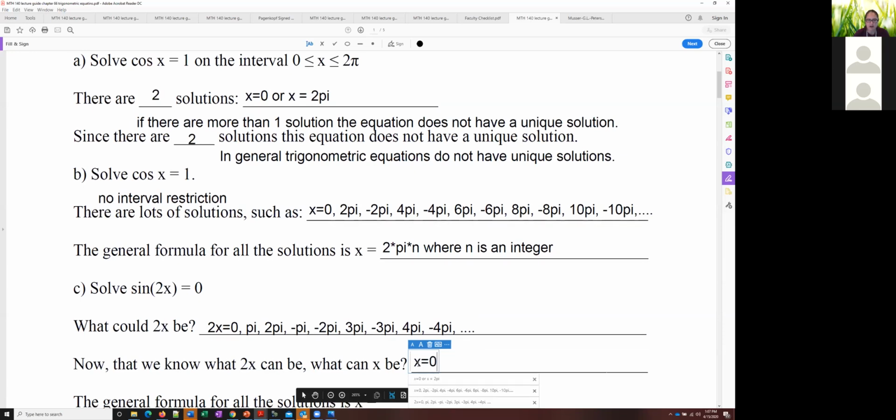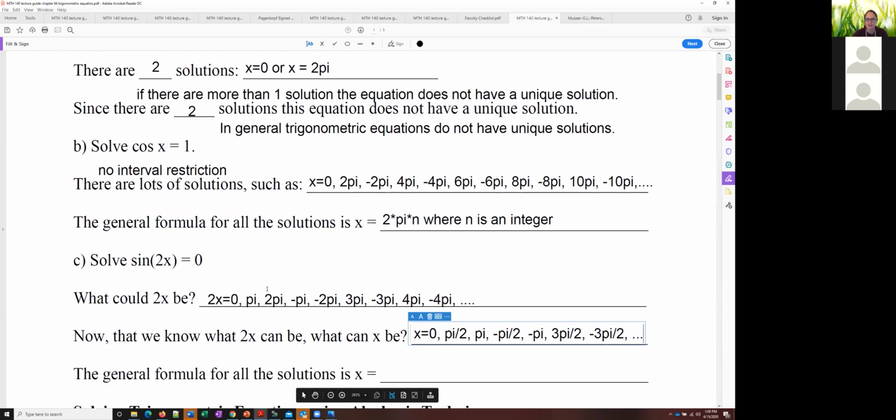So x could be 0, could be pi over 2, could be pi, could be negative pi over 2, could be negative pi, 3 pi over 2, negative 3 pi over 2, and so on, right? I just took each one of these answers up above and divided by 2.